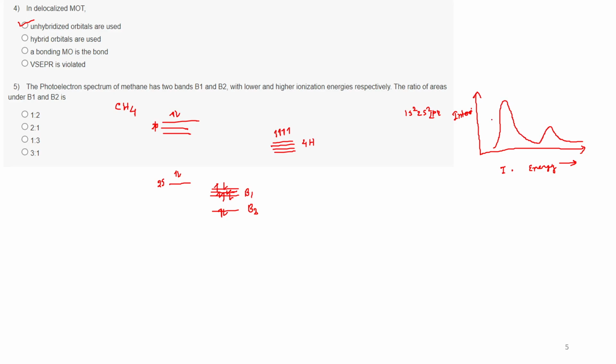So suppose this is due to B1. I will try to use a different color for that.